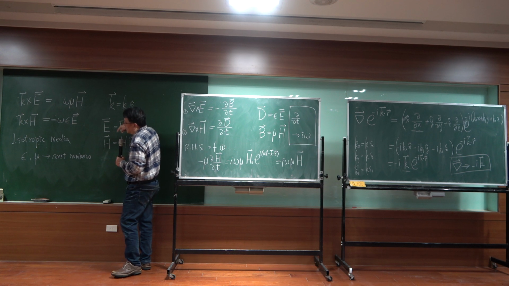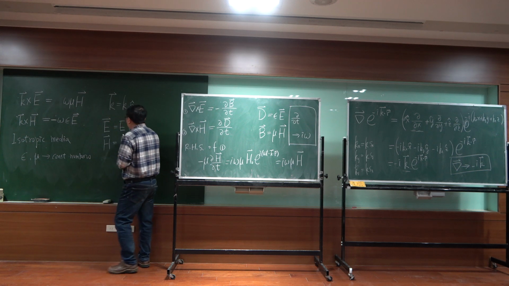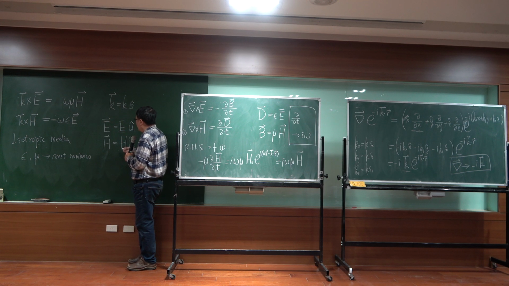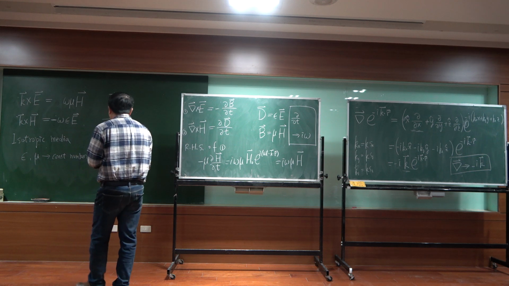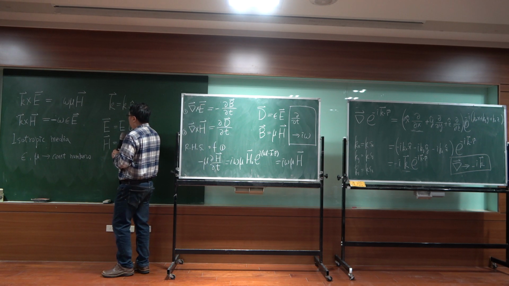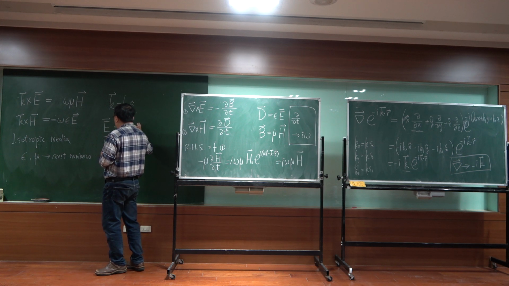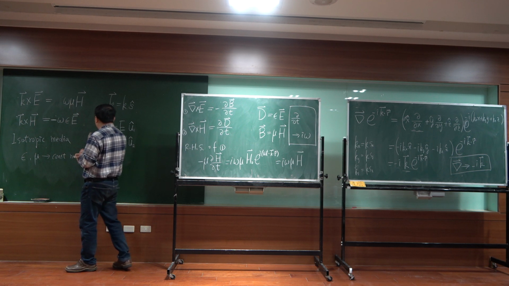The E and H here have already absorbed the phase factor, which I simplified. Here E and H are in general complex valued functions.